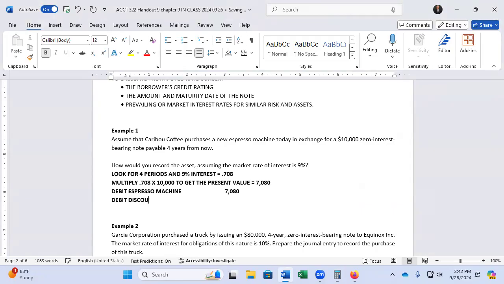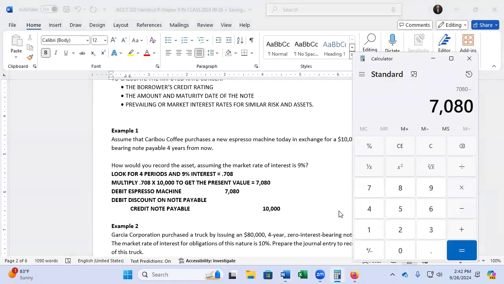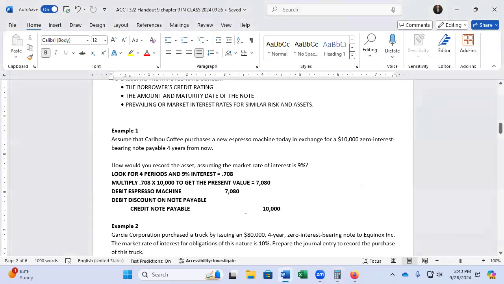Debit discount on note payable, and this will be a plug for the difference. And a credit for note payable for 10,000. We take our 7,080, subtract 10,000. I think it's going to be 2,920, but there we go, 2,920.